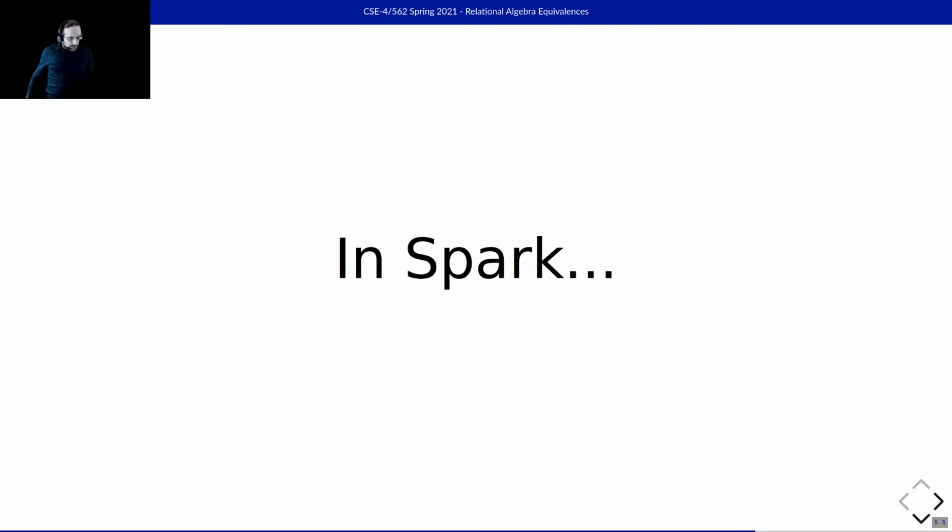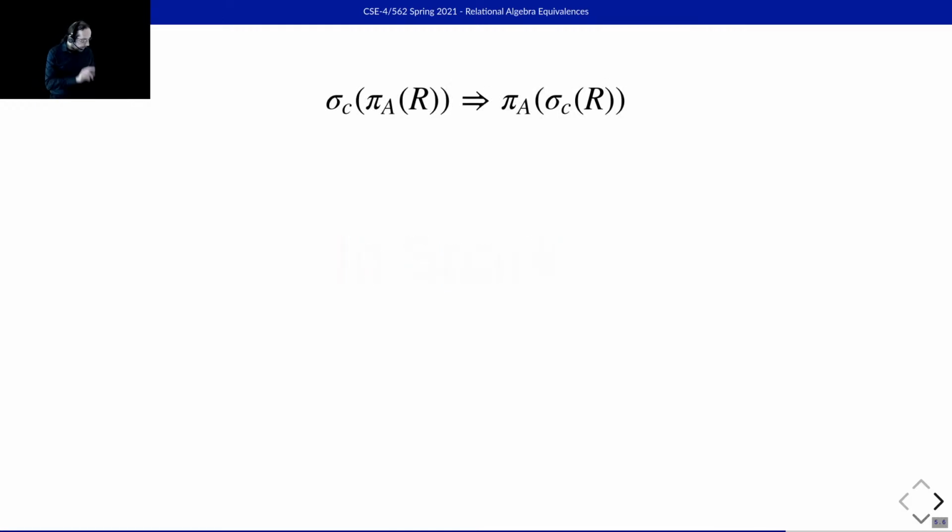Okay, so how do we do this in Spark? And at the end of this, I promise I will answer your question, Karan. But before I get to that, I want to show you how the components of Spark's logical plan and tree node that I introduced last class map to the rewrite rules that we're talking about here.